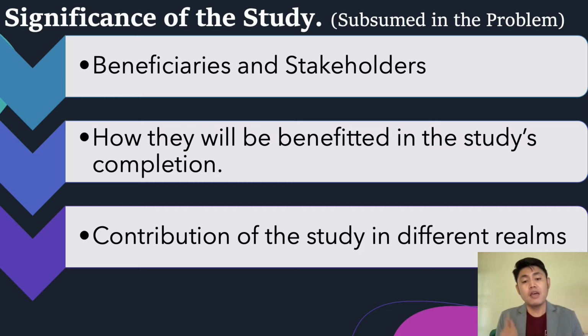Now remember that your research study should have a contribution in the discipline where you are in, the industry where you are working for, the community, policy and decision makers, the academe, and future researchers.